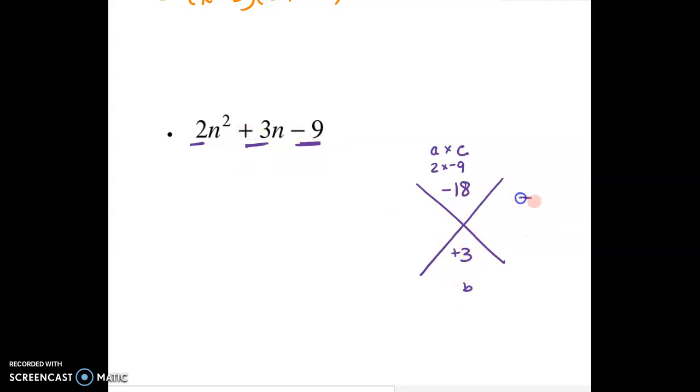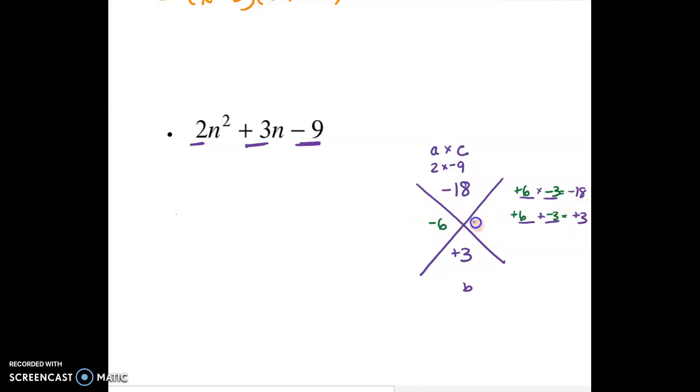So I'm looking for 2 numbers that multiply to negative 18, and those same 2 numbers must add to a positive 3. Those 2 numbers will be a positive 6 and a negative 3, because positive 6 times a negative 3 will give me negative 18, and then a positive 6 plus a negative 3 will equal my positive 3.